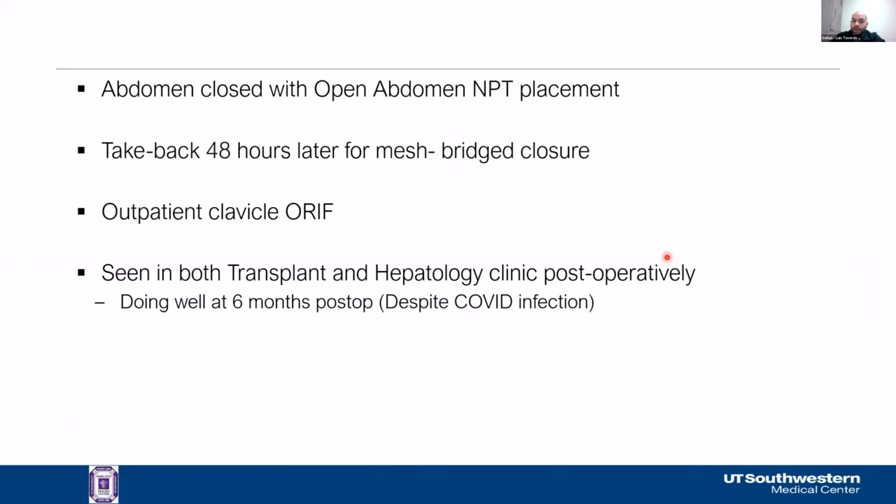This patient was seen about 6 months after this transplant, and he was doing well post-op. He was seen by the transplant service in the hepatology clinic and had no issues at that time. So this is the end of the case.